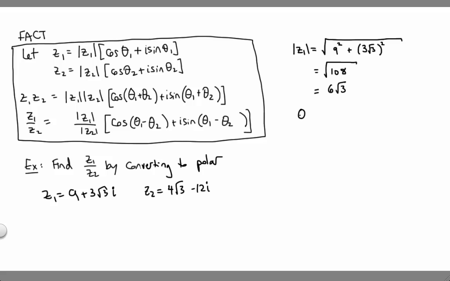So let's figure out the angle associated with z1. That's going to be arctan of the imaginary coefficient over the real one, so 3 root 3 over 9. We need to ask ourselves, do we need to add pi? And the answer is no, because if you were to graph this complex number z, you'd see the real part here is positive.